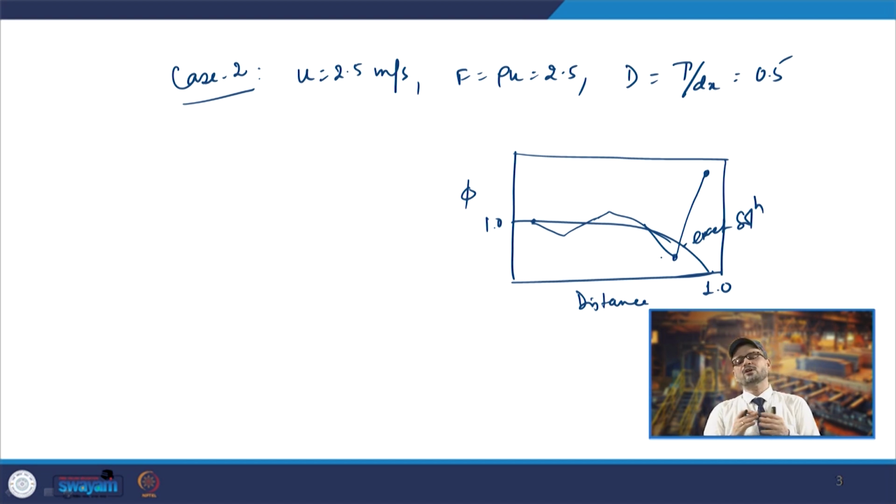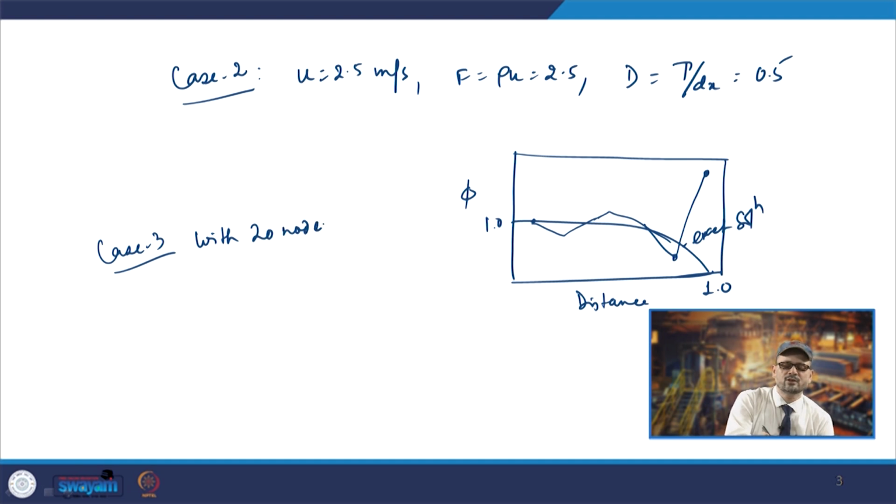Now, what has been seen is that if you solve this problem by taking delta x to be smaller, suppose you take case 3 with 20 nodes.